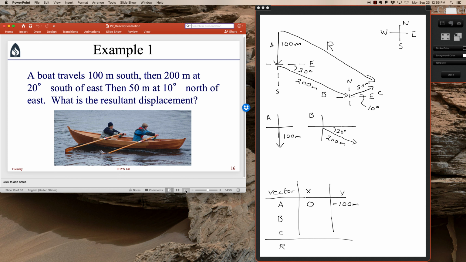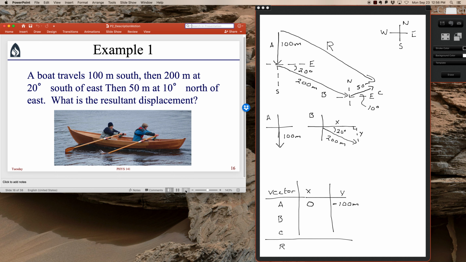So let's drop a line between the x-axis and the tip of my vector. If I make it 90 degrees with respect to the x-axis, you can see that this side of the triangle, which is a right triangle, is my x component, and this side is the y component.